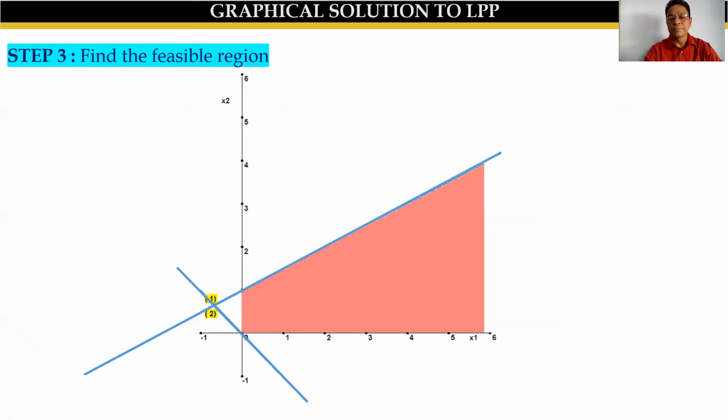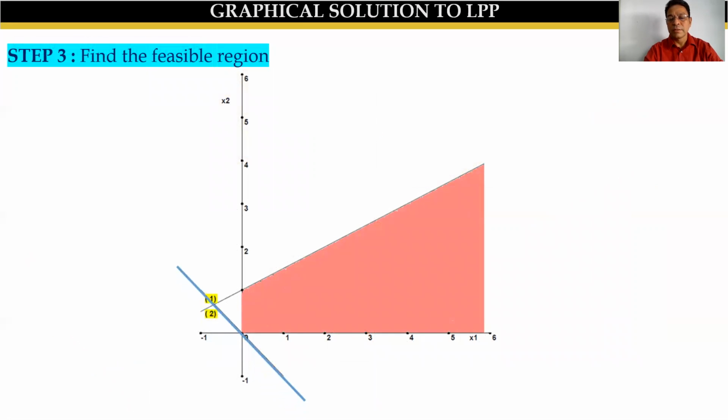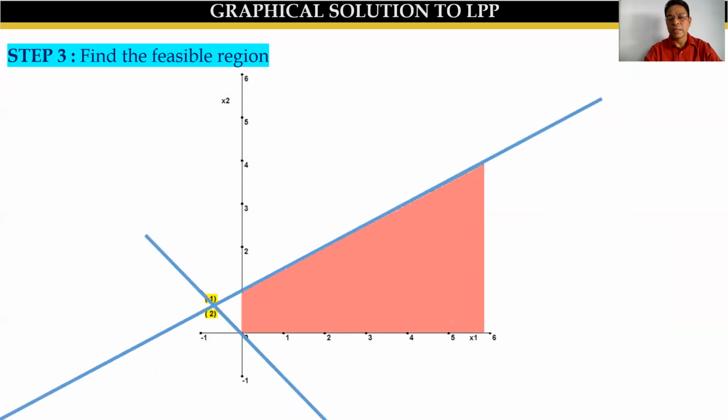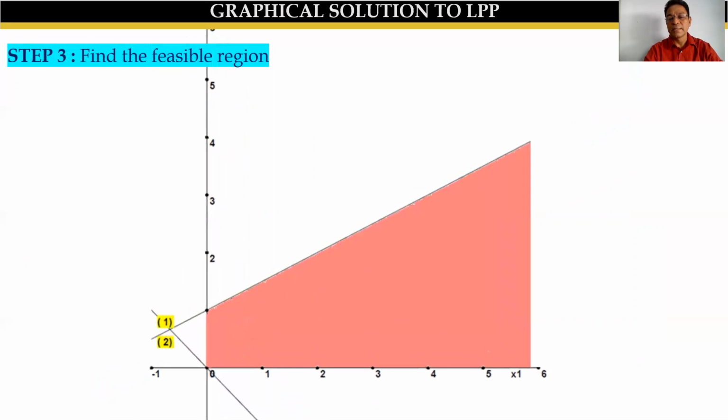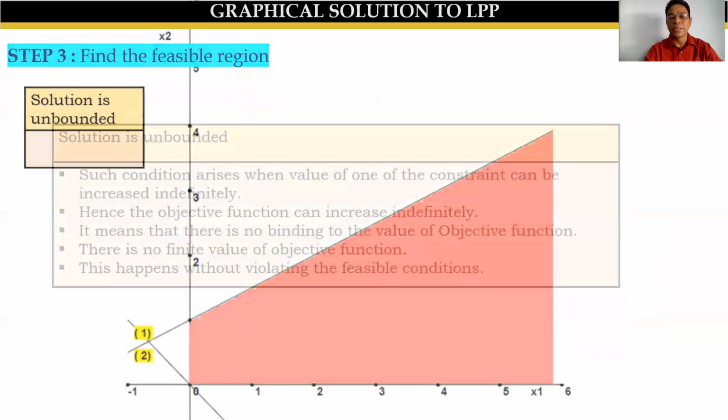So you can see here, as we increase the value of x1, the value of z can increase like anything. And such a solution is called an unbounded solution.